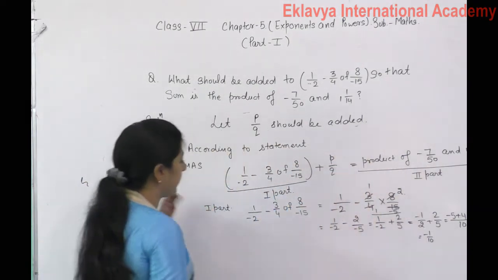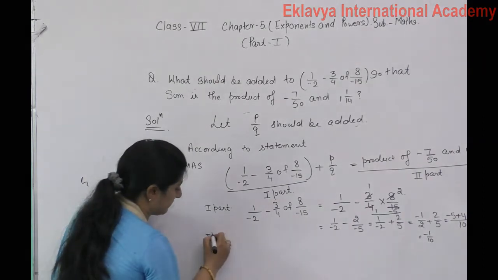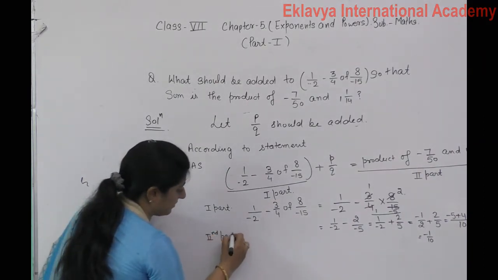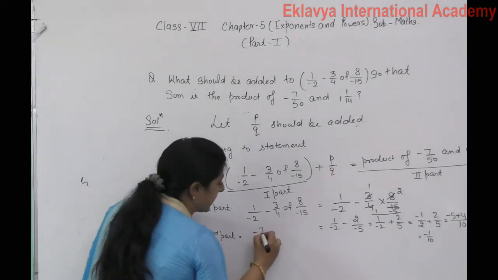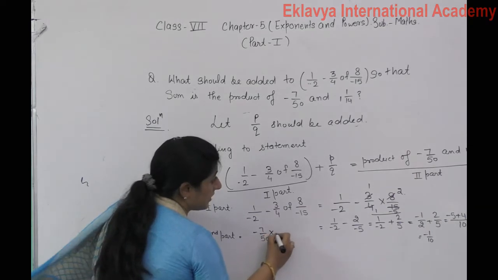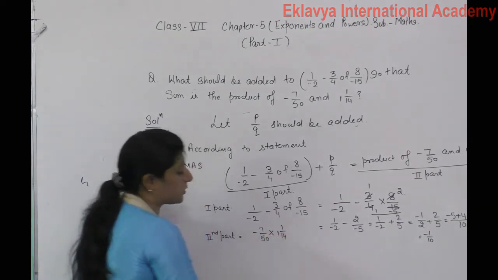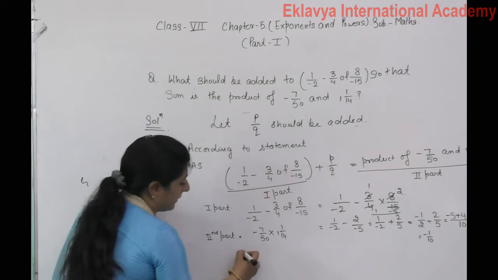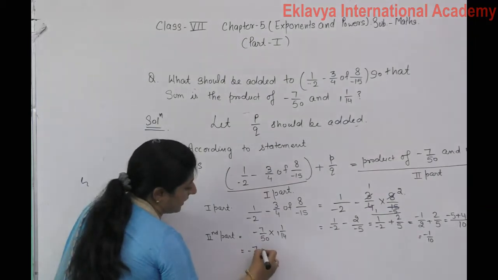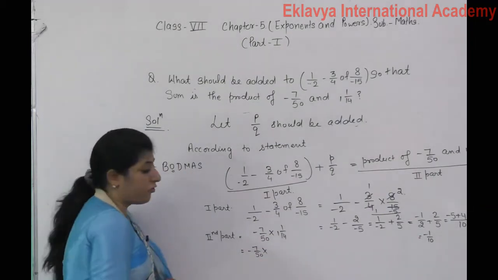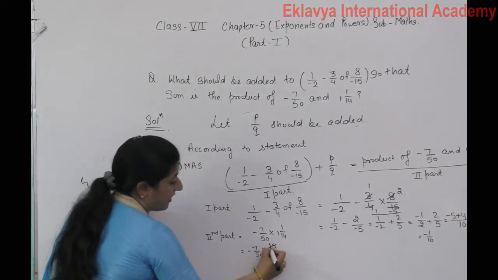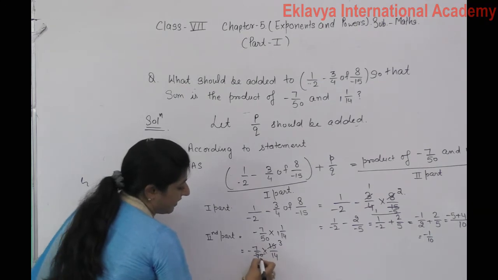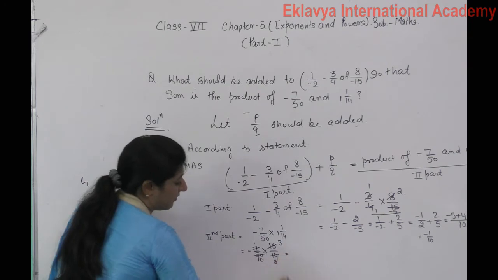Now solve the second part. The second part is the product. Product also means multiplication. It means we will multiply these two rational numbers. Minus 7 by 50 multiplied by 1 by 14. 7 ones are 7, 7 twos are 14, 5 tens are 50.